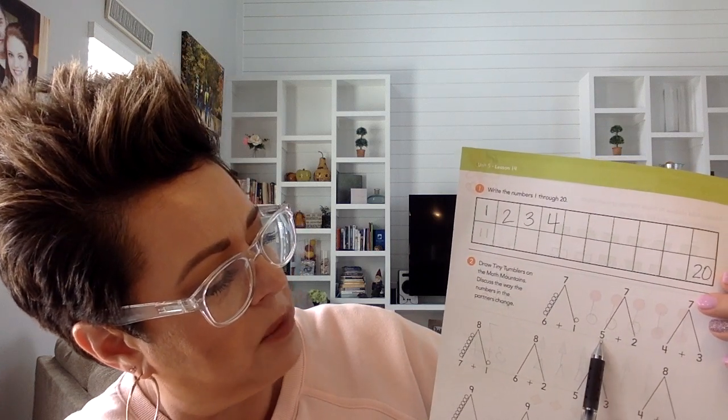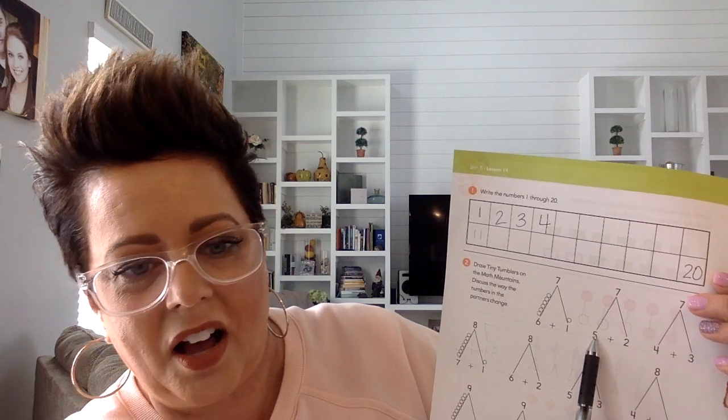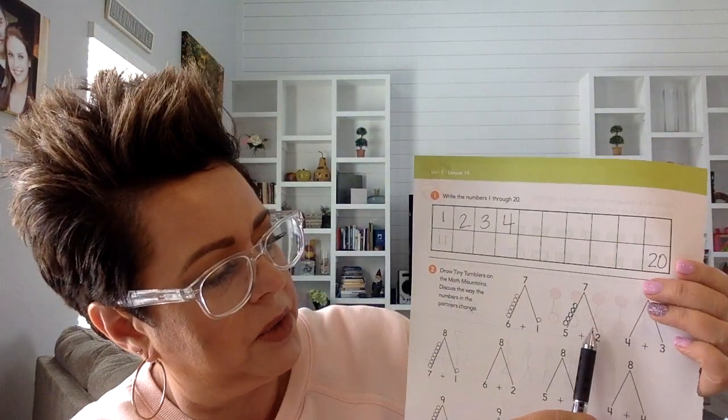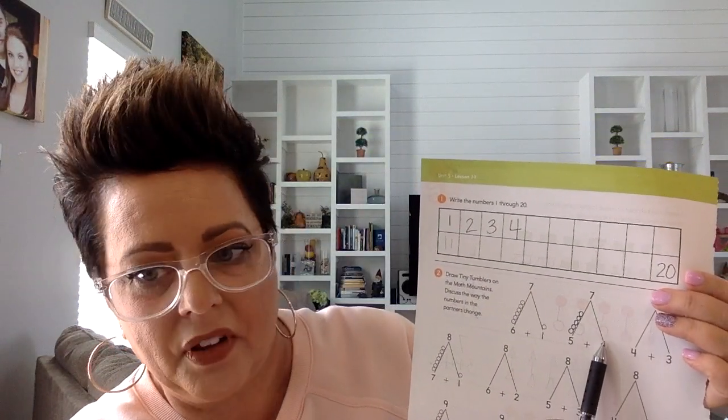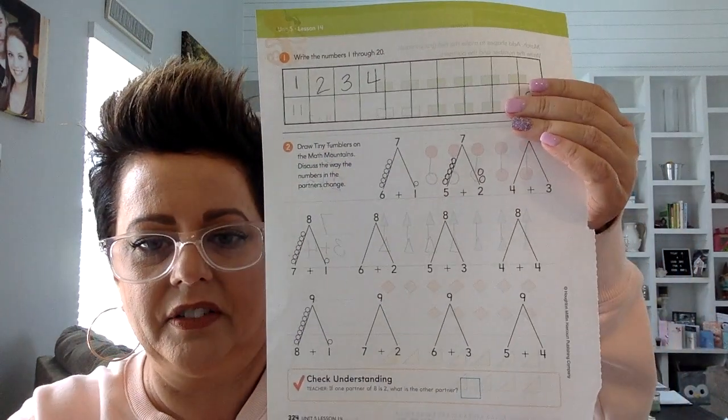Right here, how many tiny tumblers are we going to draw? We're going to draw 5. Let's draw them. Remember, you need to make your tiny tumblers small so they will fit on the side of the mountain. There's my 5 tiny tumblers. How many tiny tumblers am I going to draw over here? 2. So we know that 5 plus 2 equals 7.